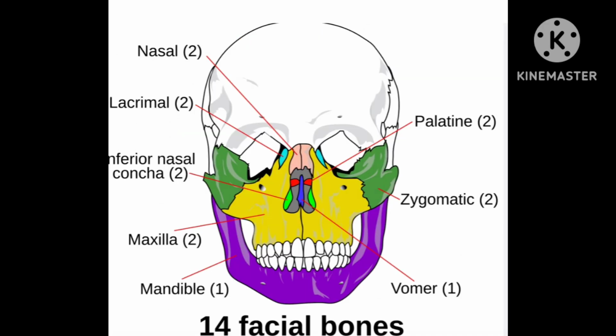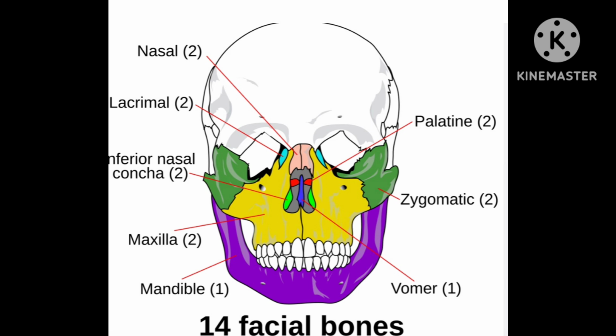And in this picture you can see all the bones that make up the face, starting from the lower jaw, which is called the mandible, the upper jawbone, which is called the maxilla, and the bones in the nose, called nasal bones. On the sides of the nose we have a bone called vomer, and on the sides of the cheek we have the zygomatic bone.